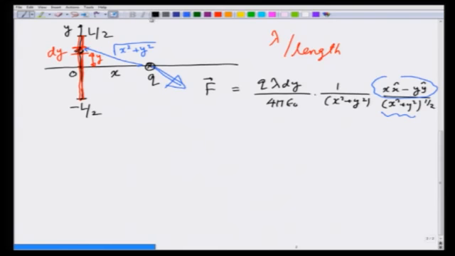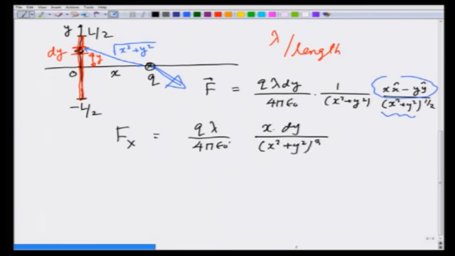So, F x is given by the x component, which is q lambda over 4 pi epsilon 0, x dy over x square plus y square raised to 3 by 2.